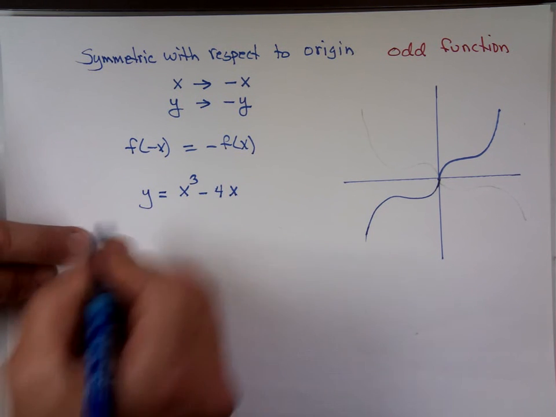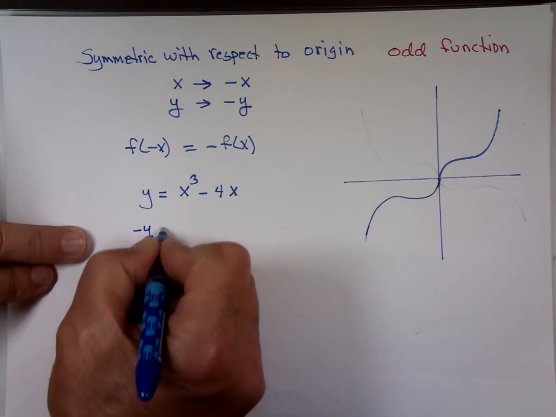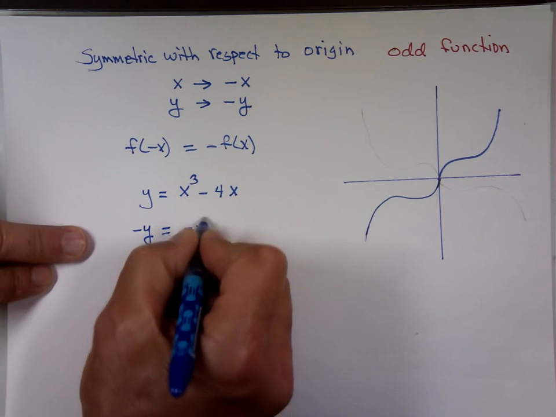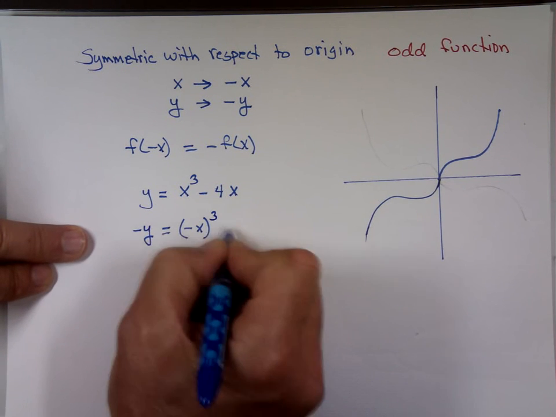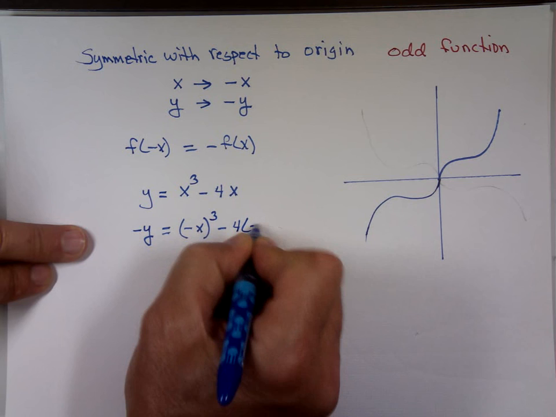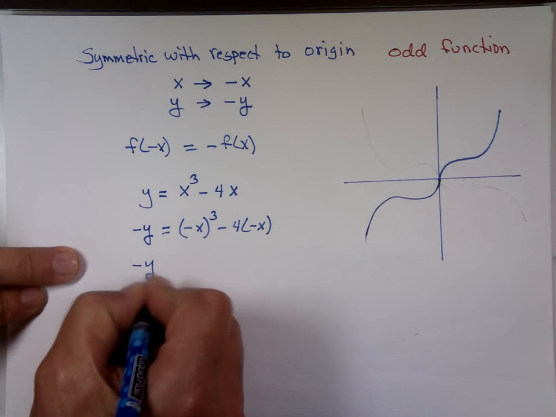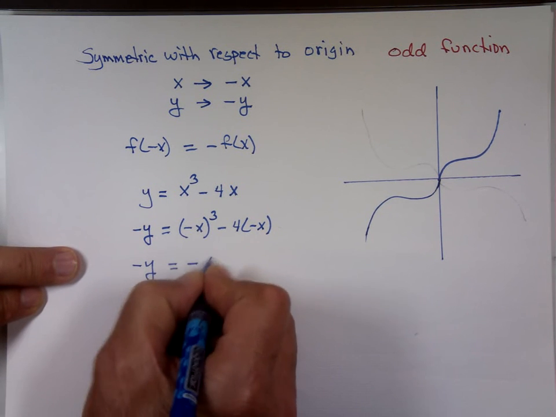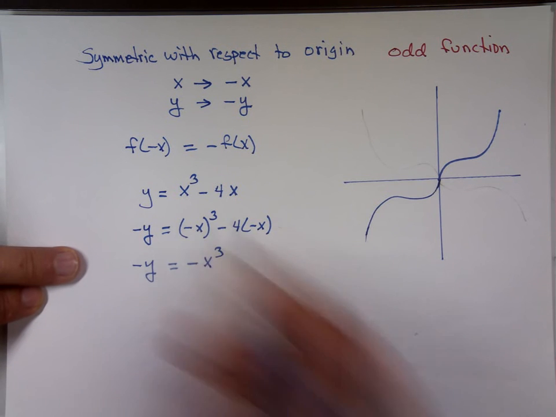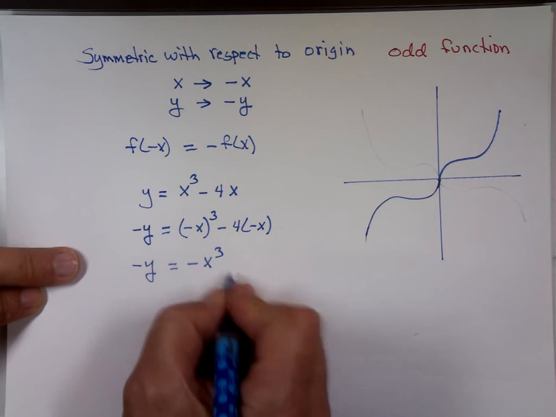Let's see if you end up with the same expression. I'm replacing x with negative x. I'm replacing y with negative y. When you take a negative and you cube it, that's still negative. And this will be negative, negative, positive.